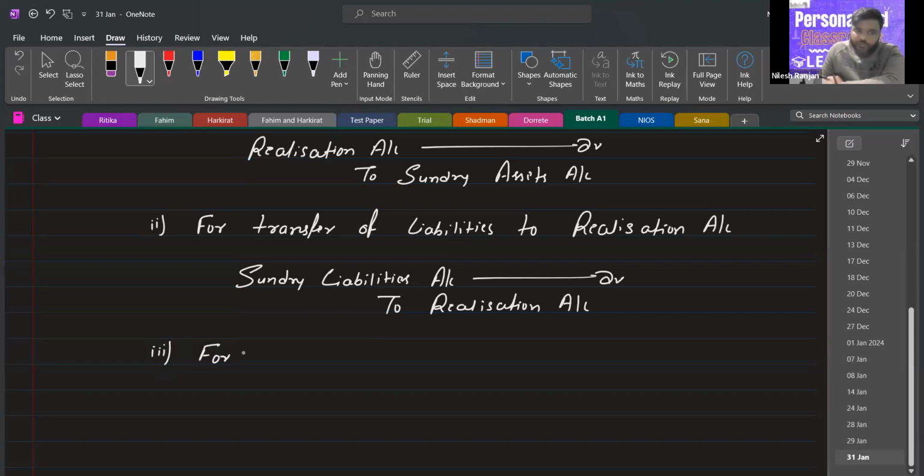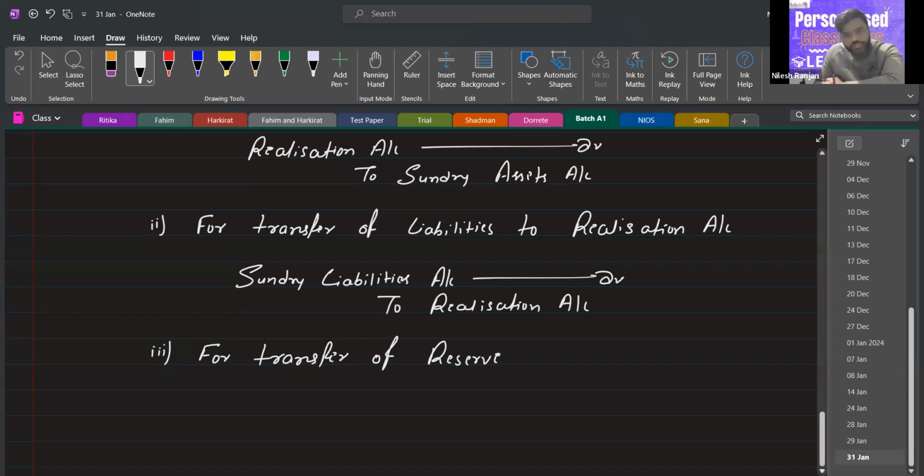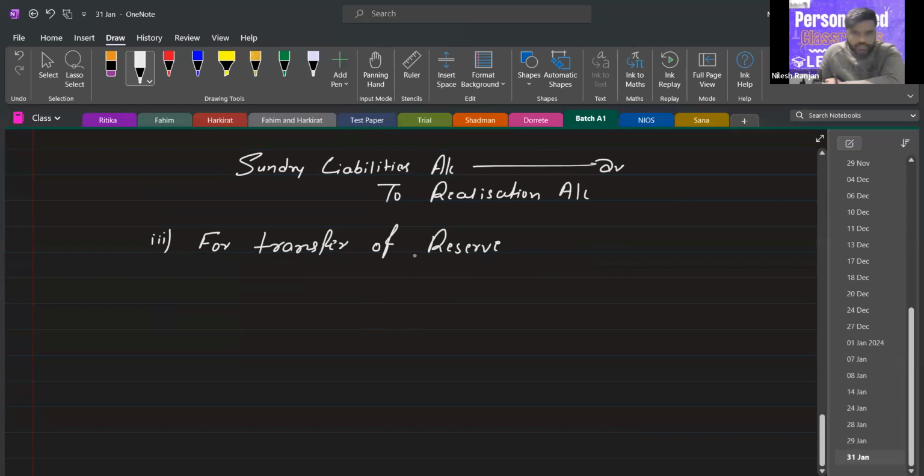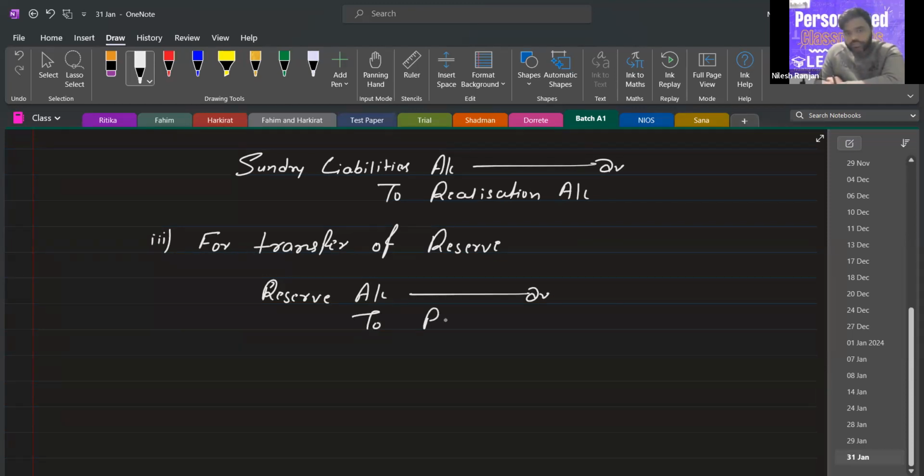And for transfer of reserve, reserve will be transferred to partners capital. Generally it is distributed. We have discussed this in our previous chapter also. So reserve name will be written general reserve or any other reserve. So reserve account debit to partners capital account.